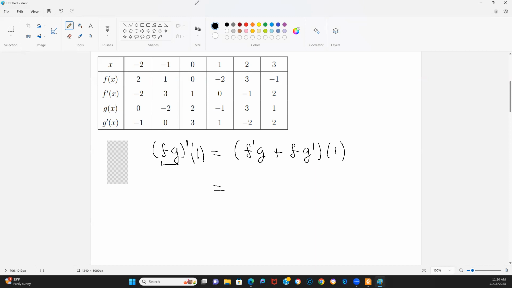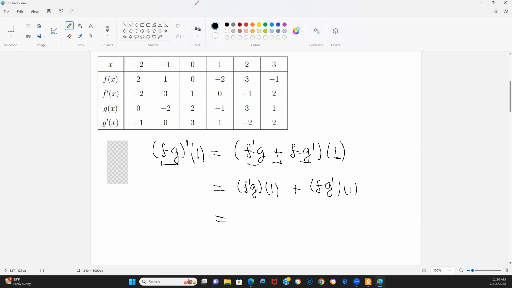And then remember, how do you evaluate this? So first of all, we have this sum of functions, and then of course we have these products right here. So the sum of functions is just pointwise. You just evaluate this product at 1 and then this product at 1. So we'll get f prime g at 1 plus f g prime at 1.